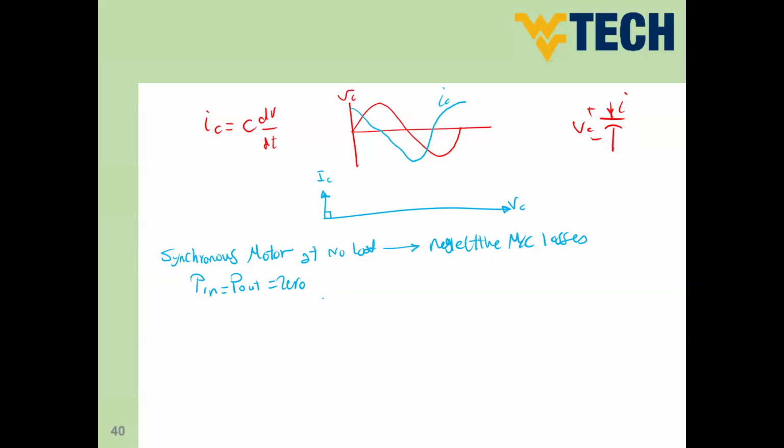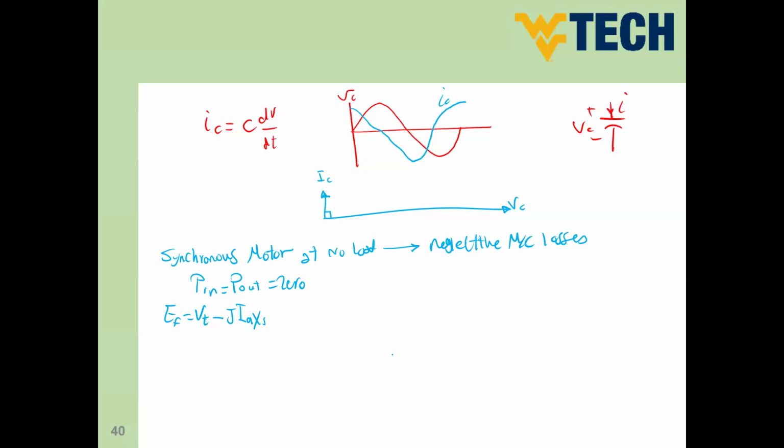In this case, if we go to the equation of the synchronous motor again, EF equals V terminal minus jIA XS. I mentioned we neglected the losses, which means the armature resistance is neglected because the copper loss is neglected.